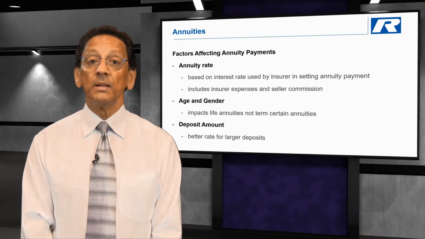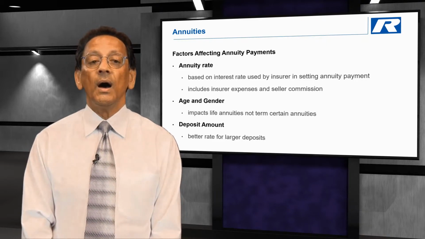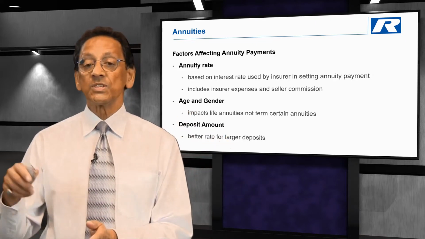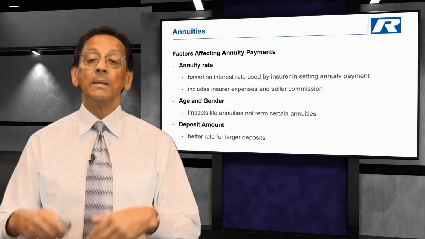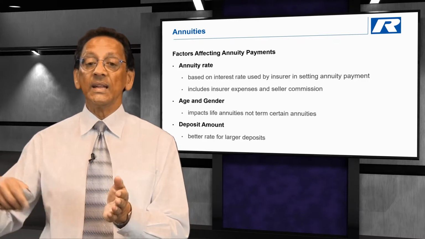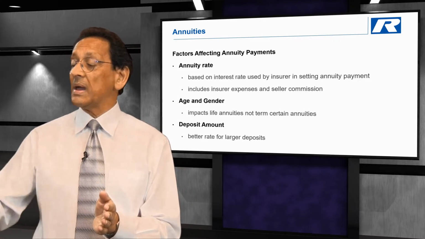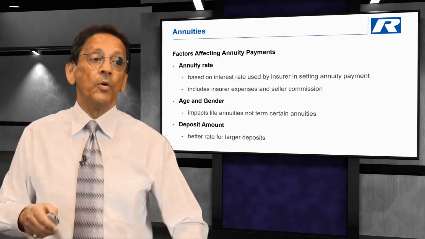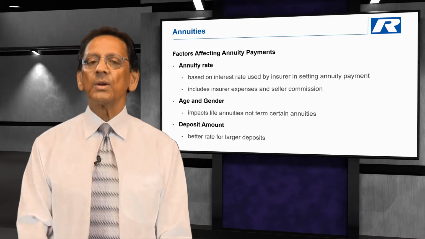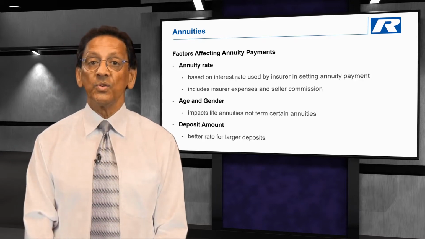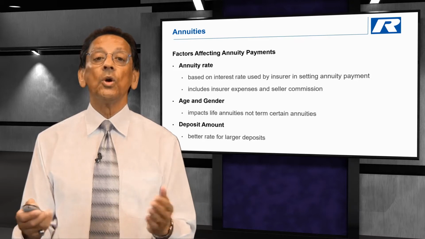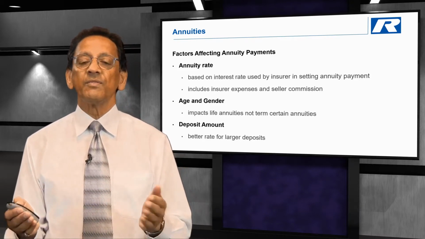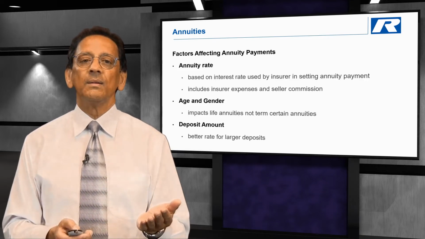Females outlive males, so in general, for the same amount of deposit, females will receive a smaller monthly amount than males, simply because they live longer, and so we're going to make payments to them longer, so the amount of payment is going to be a little less than for a male. So age and gender does impact life annuities. Age and gender has no impact on term certain annuities, because term certain annuities have nothing to do with mortality.